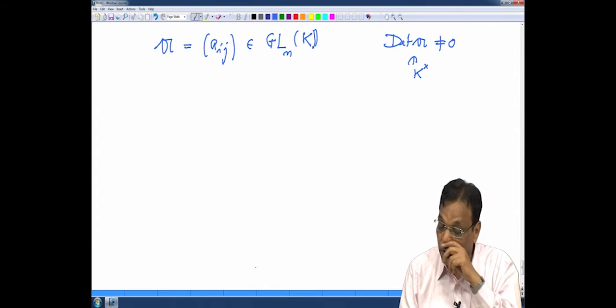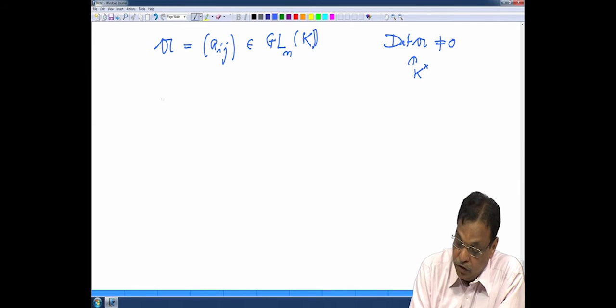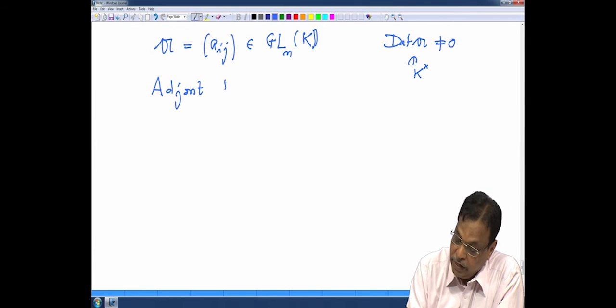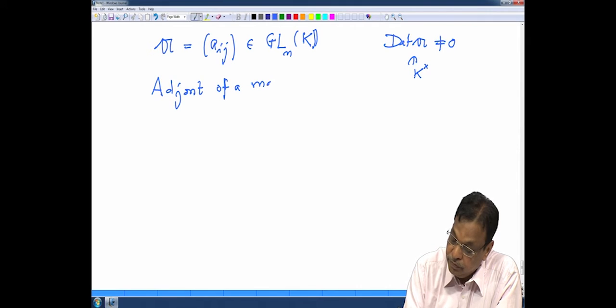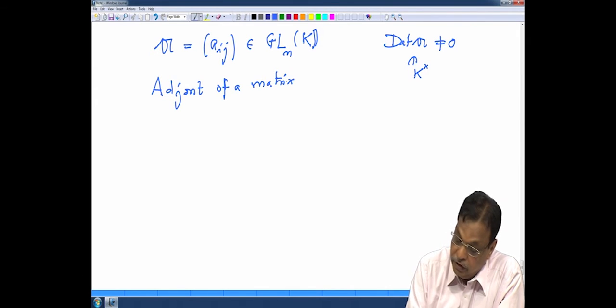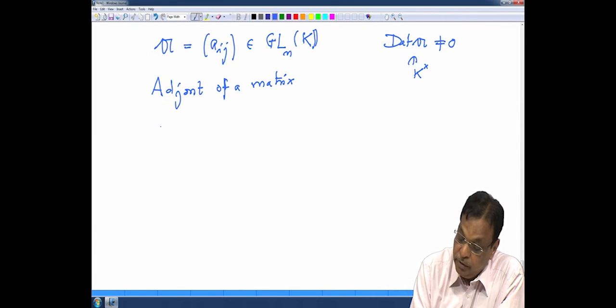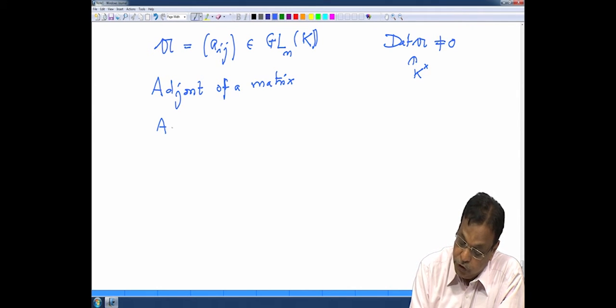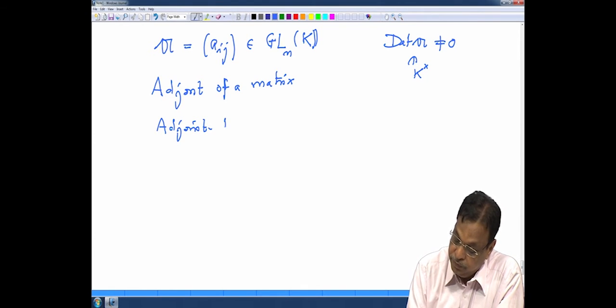And for this, what we need is what is called the adjoint of a matrix, and the relation between the adjoint and the original matrix, which I will call the adjoint determinant formula.